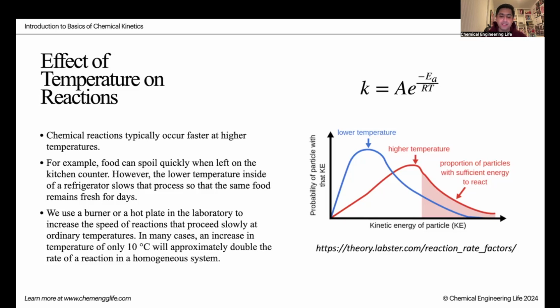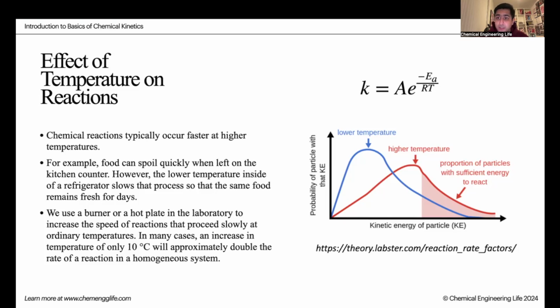But if you leave the same spaghetti in the refrigerator, then obviously it does not spoil at the same rate as it would have if you left it on the kitchen counter. So that's another example of reaction rate, because within the refrigerator, with a lower temperature, the rate of spoilage is reduced by a lot.